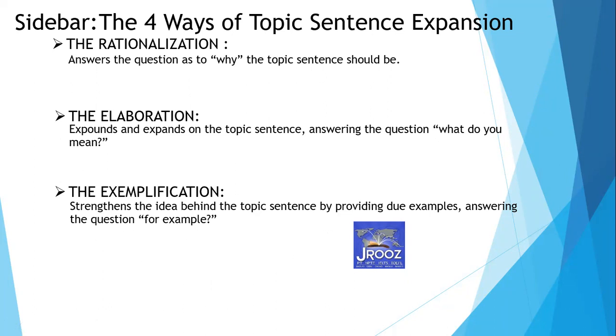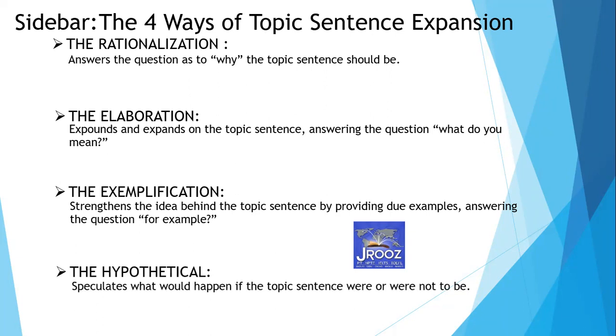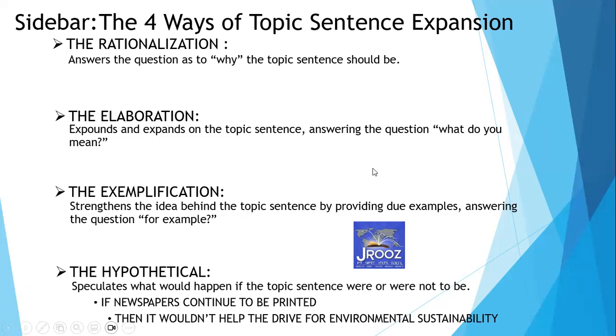And then finally, you have the hypothetical. So speculates what would happen if the topic sentence were or were not to be. So an example of that, guys, is if newspapers continue to be printed, then it wouldn't help the drive for environmental sustainability. That's the if statement over there.